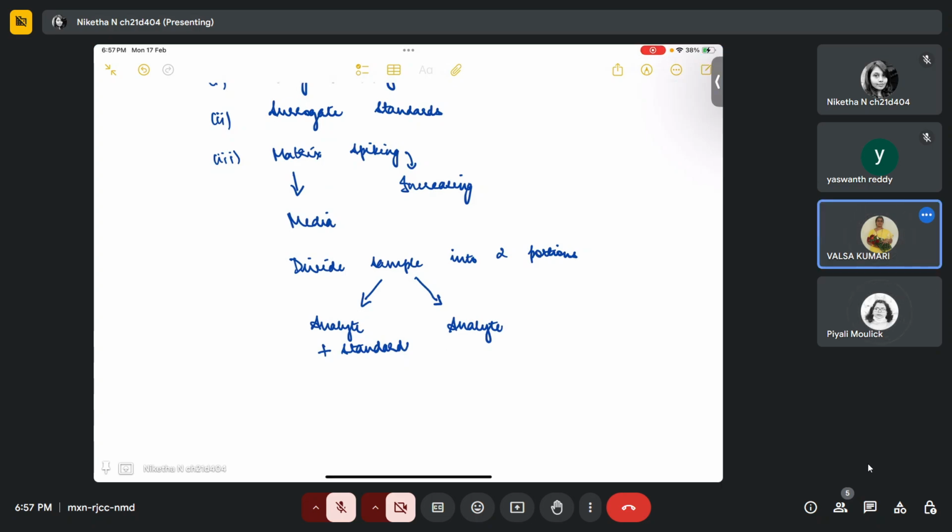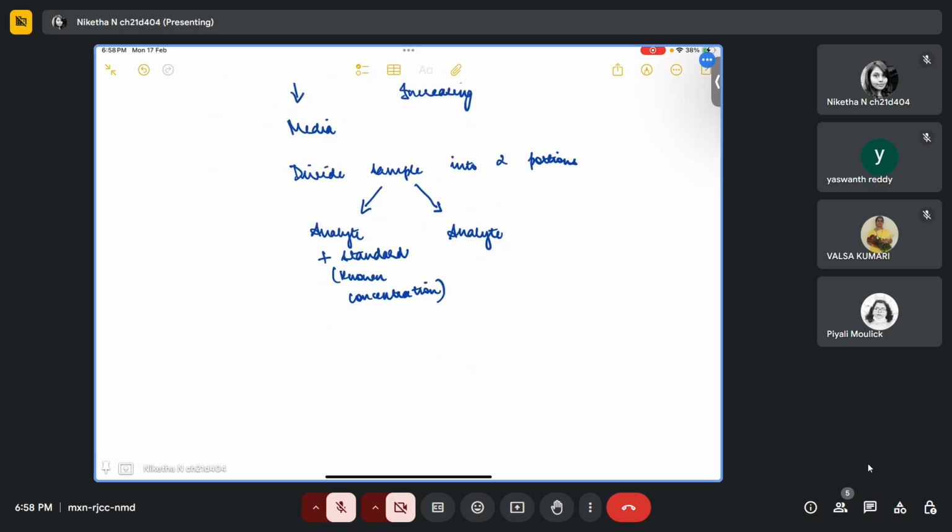Okay, what we mean here is we are dividing the sample into two portions, and in one of them we are adding a known standard which has a known concentration, and in the other one it doesn't have any standard at all. So when we analyze it, the difference in concentration of these two samples, sample 1 and 2, will tell us how much of the added standard is lost.